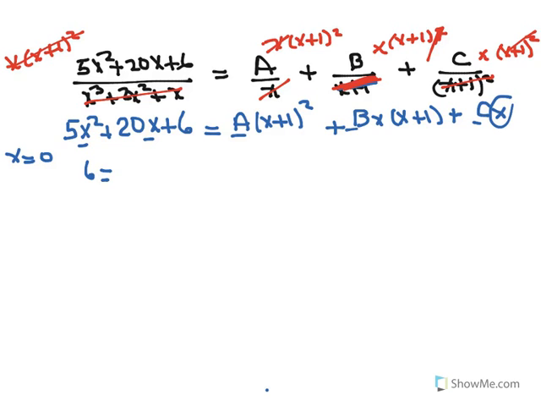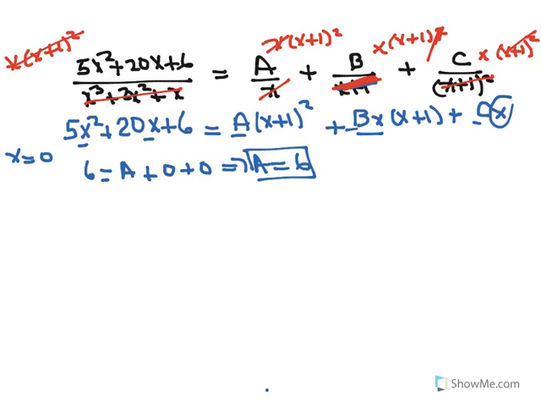Remember, I'm taking values of x because I want to find a, b, and c. So a times 0 plus 1 squared is a, right? And here this gets cancelled, 0, and then c gets cancelled. So that means that a is 6. Okay, I already found a.